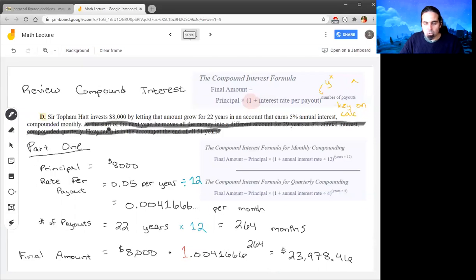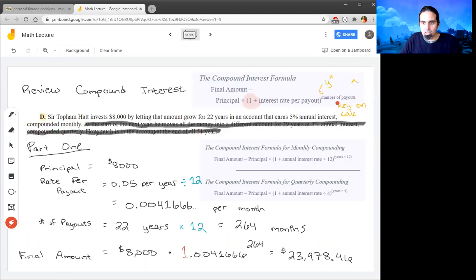It's just that this is a two-part problem, so we have to keep going. Before we keep going, I wanted to compare these two things again. The general formula says we'll take the principal and multiply it by 1 plus the rate per payout. We put the 1 in front and the rate per payout there. We had to find the rate per payout by thinking to ourselves, let's share this yearly interest rate among the 12 months because it's compounded monthly. It tells us that.